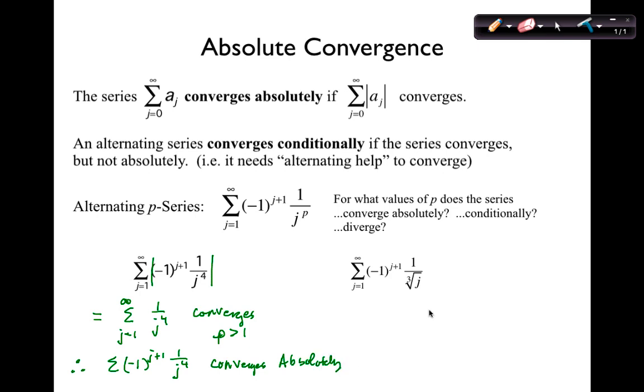Okay, what about this one? So this is p value of what? J to the what? Cube root, 1/3. Okay, does it converge absolutely, conditionally, or diverge?